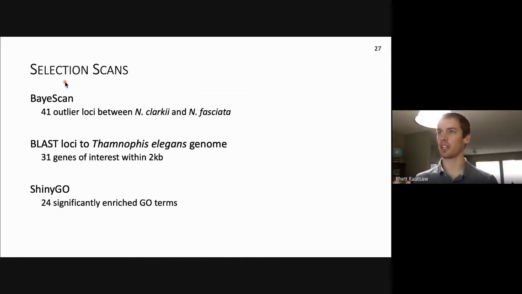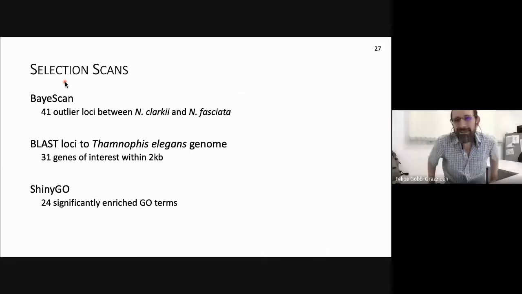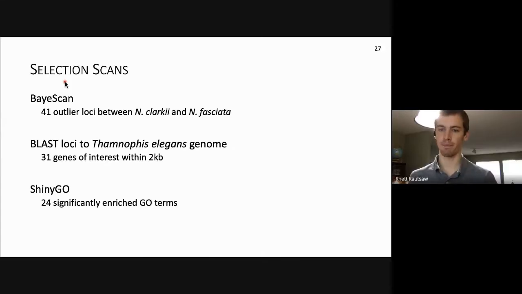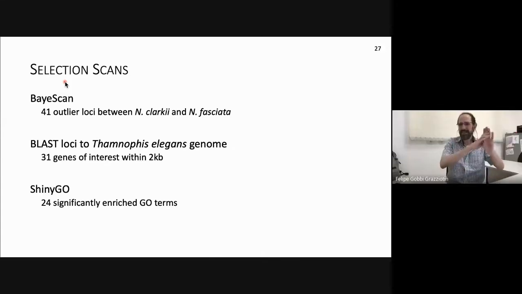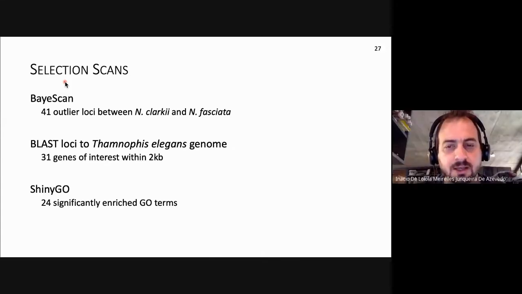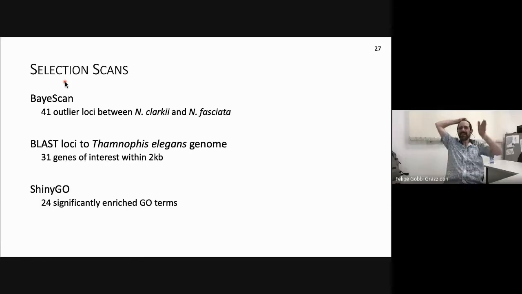I think, Rhett, that maybe it's a good idea to explain a little better the RAD-seq data set, because it's not the complete sequence. It's not the whole genome. I mean, it's not selected loci. It's selected just by the digestion of the RAD-seq. Right? It's just the SNPs.